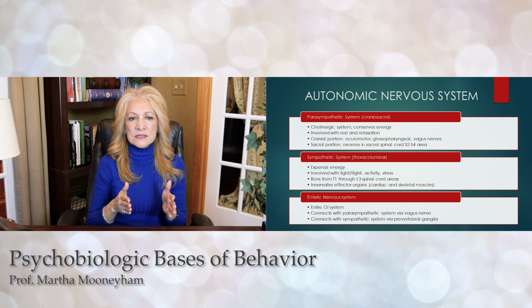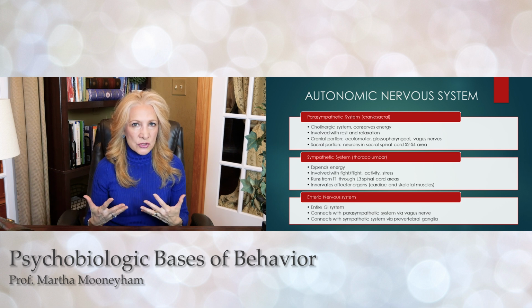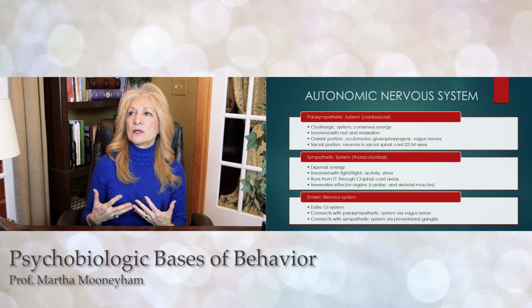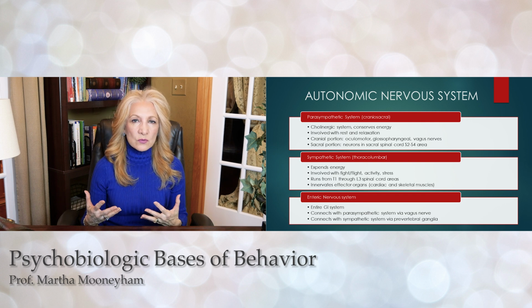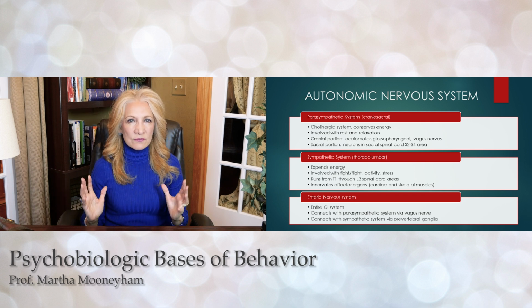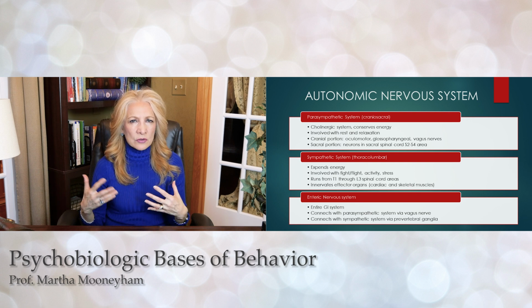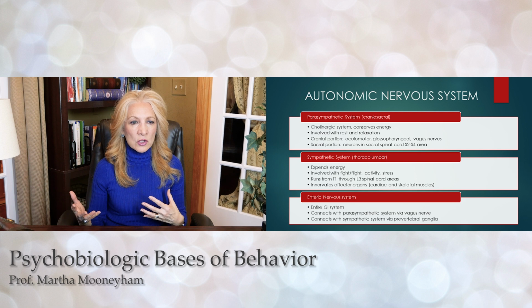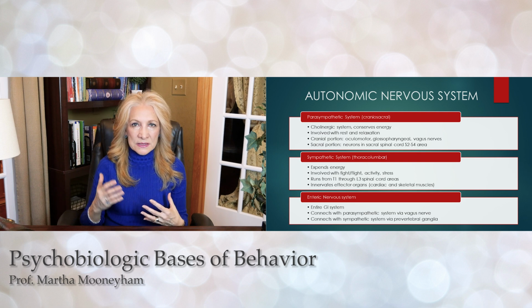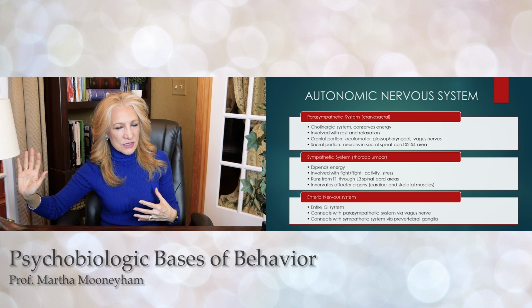This is the part that is involved with rest and relaxation. For example, when we are going to eat a meal, we need usually a peaceful environment so that we can rest and digest. You have probably even heard that terminology. For the parasympathetic system, think rest and digest.